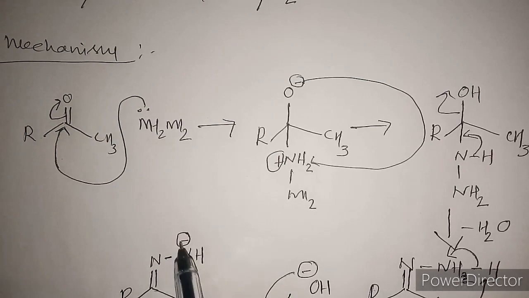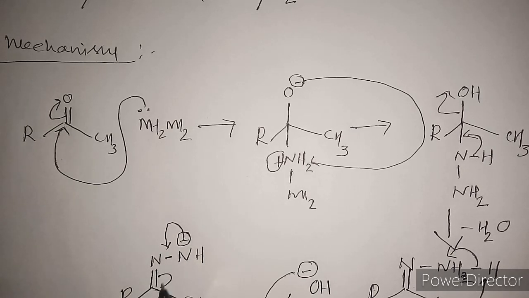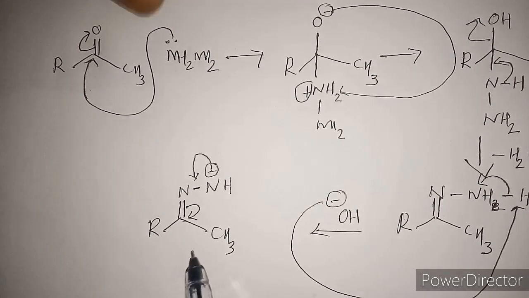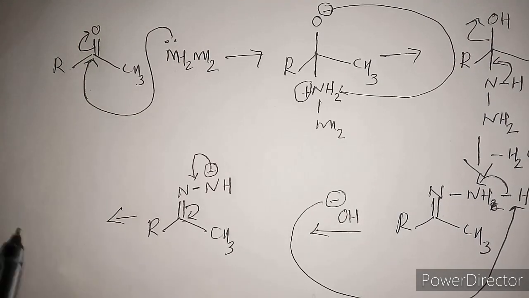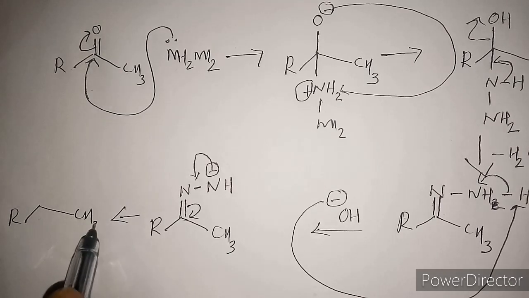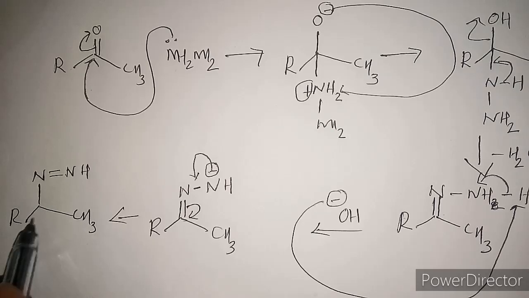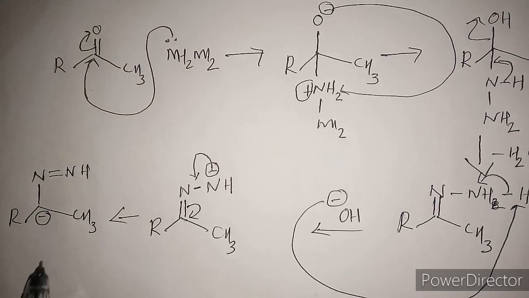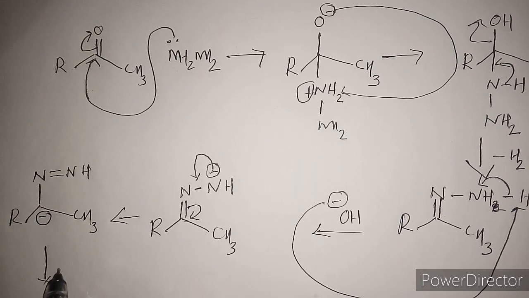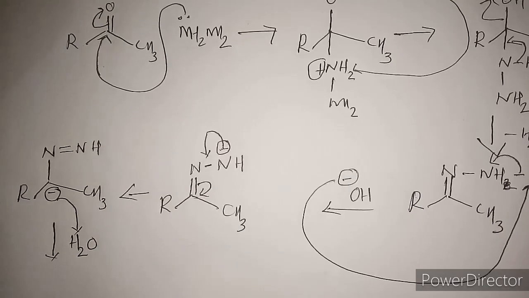Okay, now in the next step, this negative charge will make a pi bond and this bond shifts here. Okay, in the next step, R CH3, we have N double bond NH. We created a negative charge, and this negative charge needs a proton, and it will abstract a proton from the water molecule.